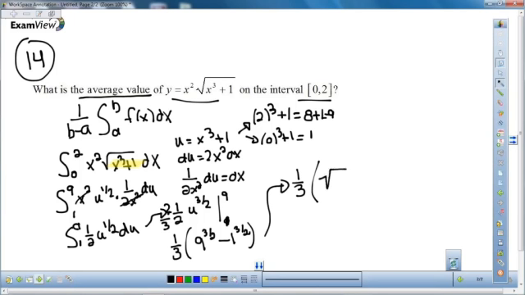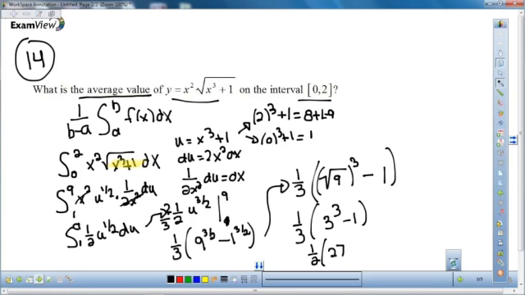I'm going to have the square root of 9, or 3, to the third. So 26 over 2, which is 13. Okay, so that's my antiderivative.